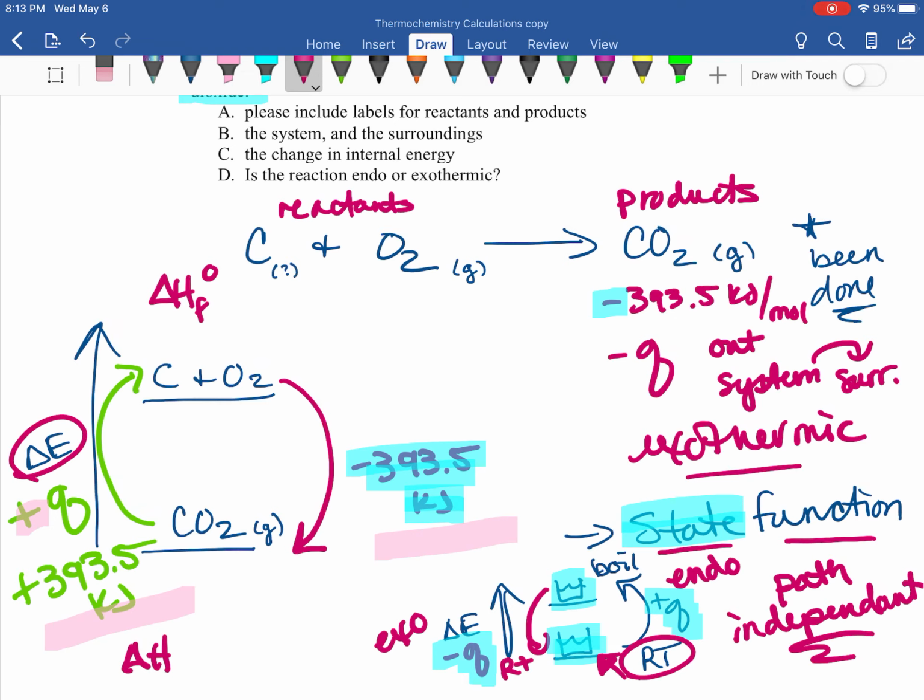Because it's a state function, we can do all kinds of things. So in other words, in a chemical reaction, what if I mix C and O and I stick a thermometer in it and I do end up with CO2, but in the middle, I make carbon monoxide first, and then my carbon monoxide turns into CO2. Does that matter?